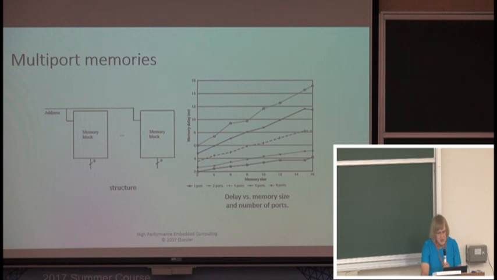The x-axis is the size of the memory, and the different lines are different numbers of ports, from 1 port all the way up to 8 ports. You can see that the slope of the line gets steeper as we go to more and more ports. More ports may sound good so that we can read and write more values in parallel, but it also means that each memory is going to be slower. That's another basic trade-off we have to make when deciding the granularity of the memory.